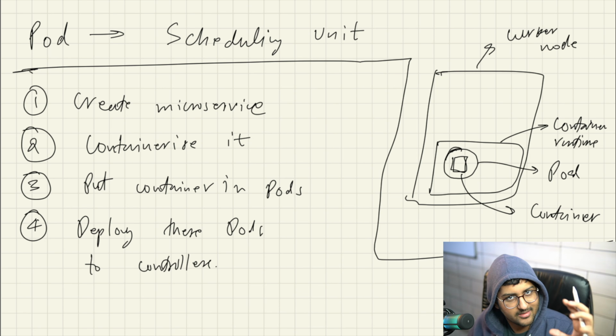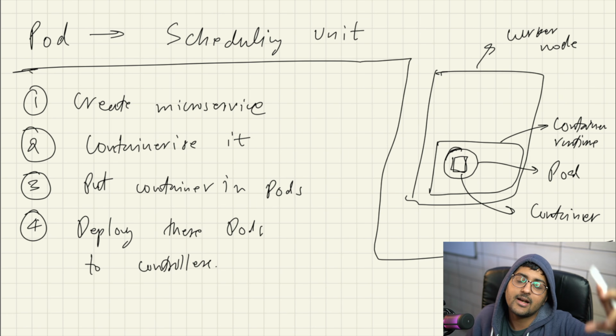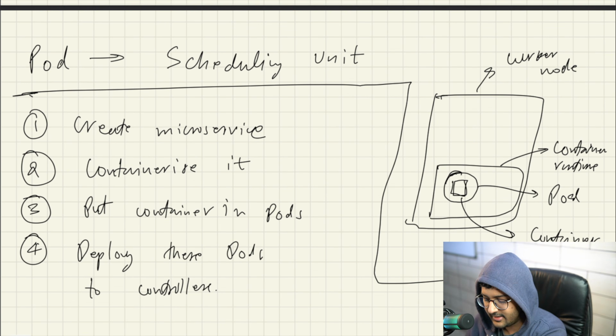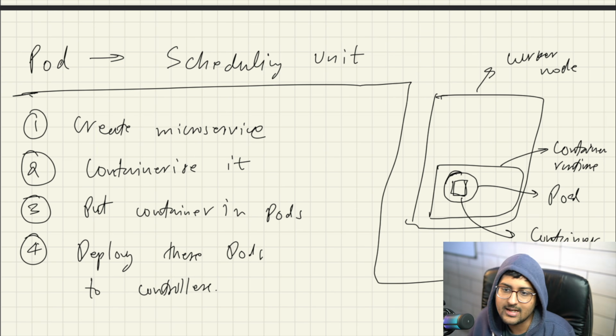Pod you can imagine like, in data structures and algorithms, a primitive data type such as integer, and a complex data type like arrays. So pod can be like int, and deployment, a type of controller, can be what? Array. You want to scale your integers, you resize the array. So deployment is basically that.